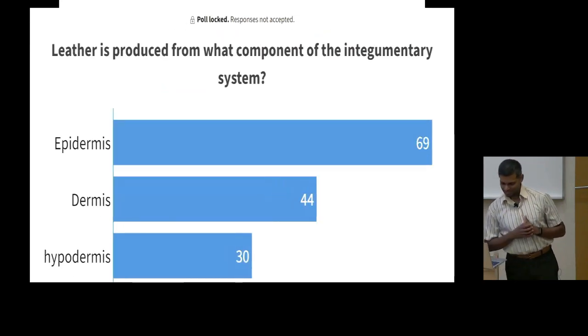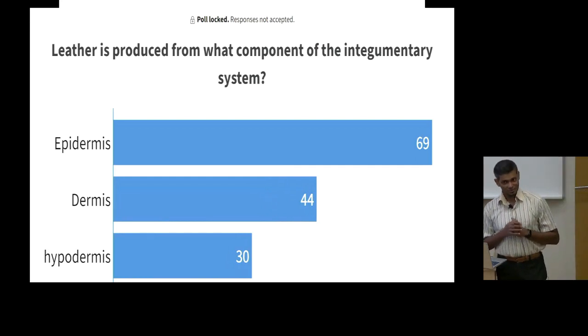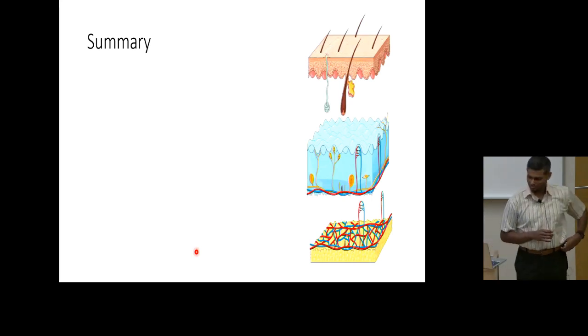Oh, most of you think it's the epidermis, but the right answer is the dermis, because that's where you have all of that connective tissue, especially that dense, irregular connective tissue, which helps to give the leather its strength.